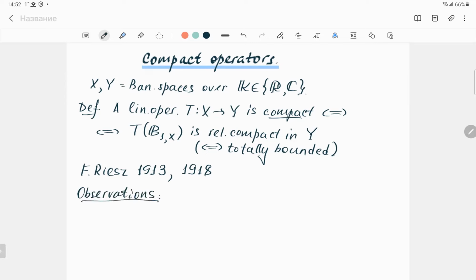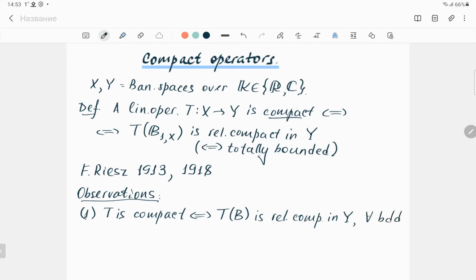First of all, let's observe that a linear operator T is compact if and only if the image of each bounded set is relatively compact in Y for each bounded set B in X. This is almost immediate from the definition because each bounded set is contained in a suitable ball.